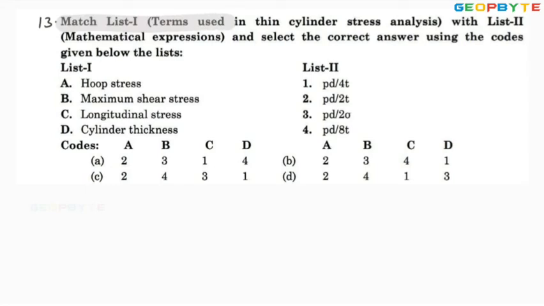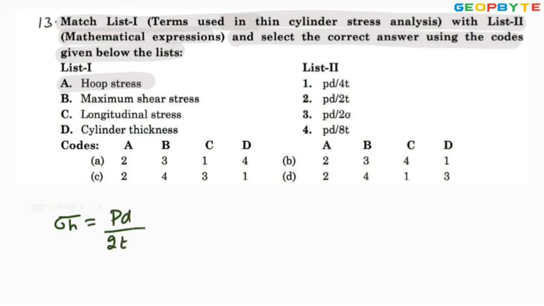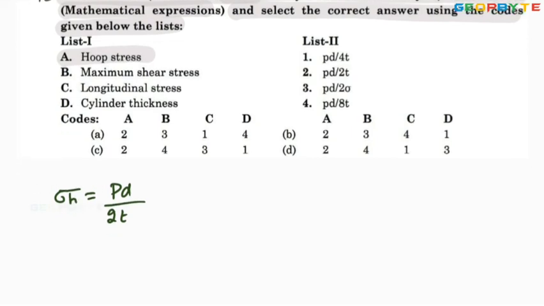Match list 1 with list 2. List 1 statements are given and you are asked to select the correct answer. Under list 1, hoop stress. You know, hoop stress sigma H equal to PD by 2T. Next, the maximum shear stress.